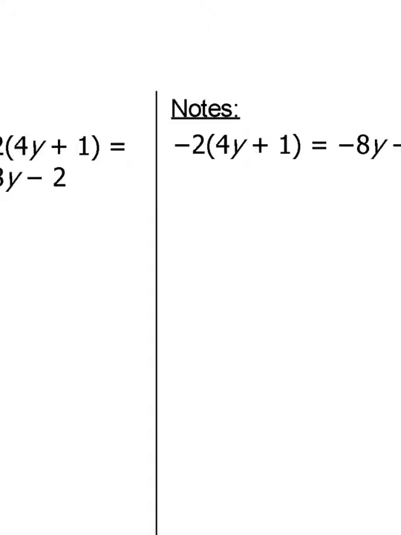This is an identity. This equation is an identity because when we distribute the 2, we get negative 8y minus 2 equals negative 8y minus 2. Well, golly gee willikers, they're the same. So it's an identity, and all identities have how many solutions? Infinitely many. So I'm going to just abbreviate that IMS.